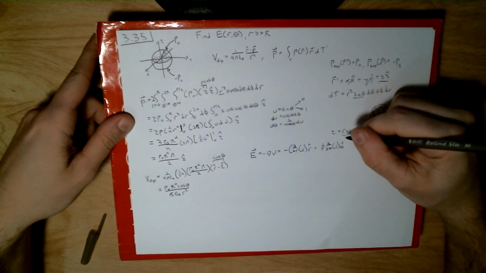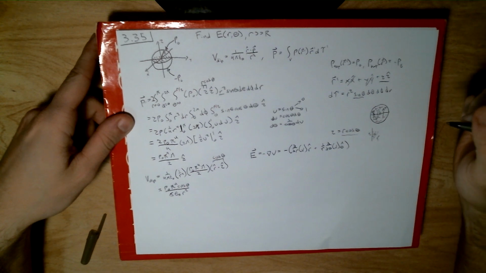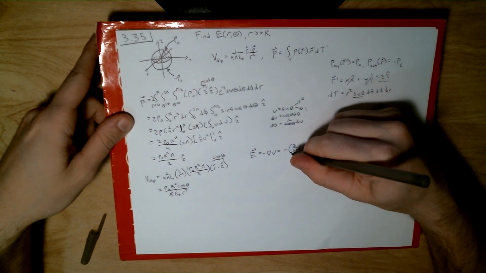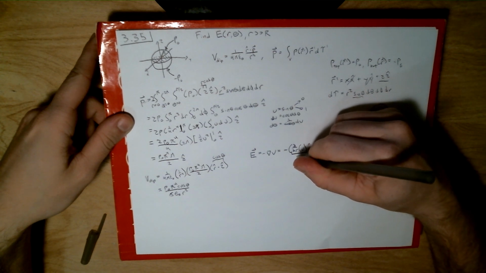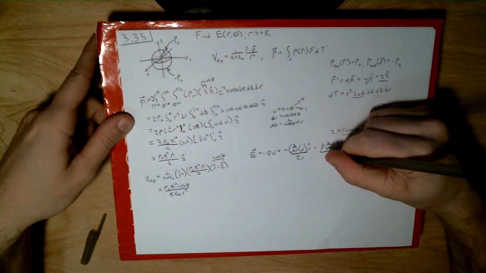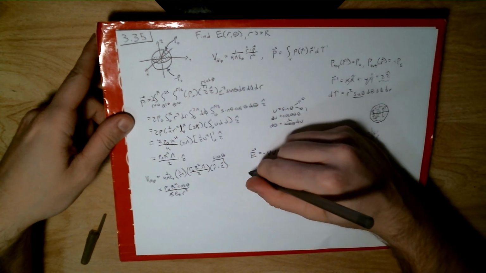And we know we don't have any phi components, so I'm just going to disregard that. And just to simplify things, I'm going to take this term and call it e sub r, this term, call it e sub theta, and solve for each one of those.